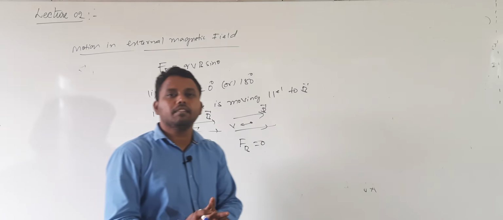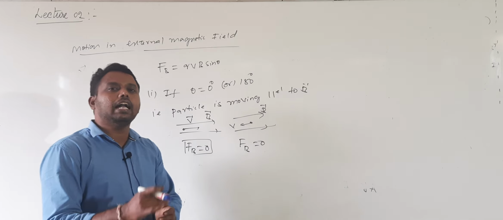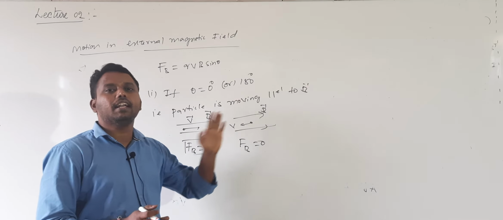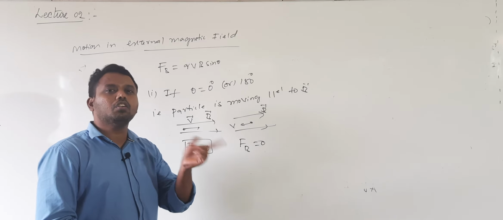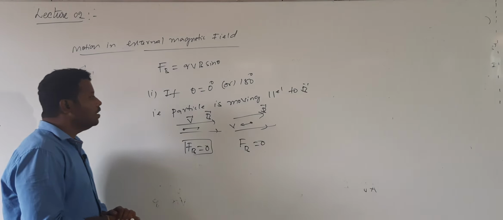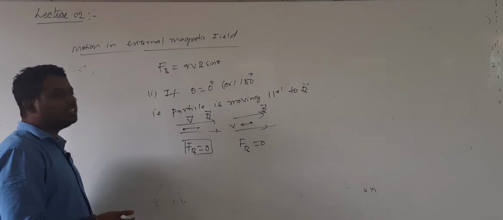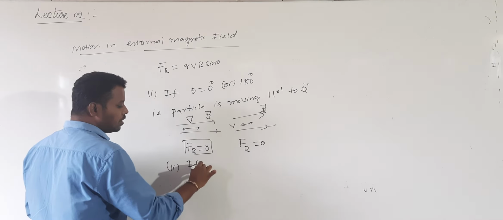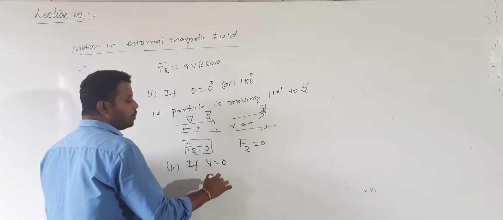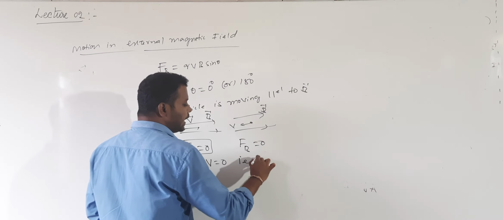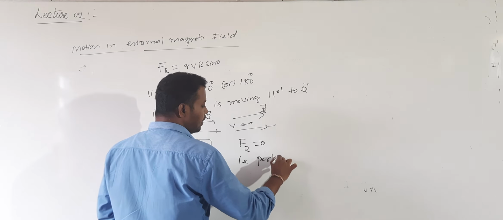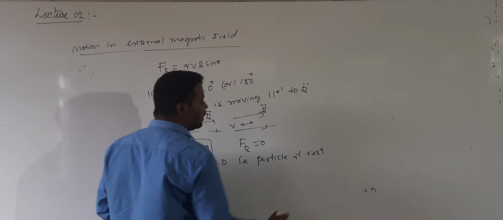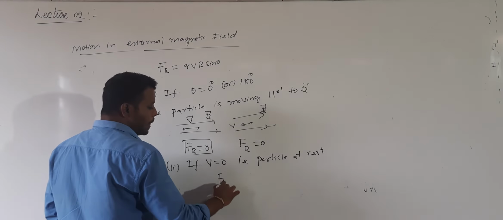Due to that reason, the path of the particle is undeviated, meaning the particle will follow the same straight line path. The path is not going to change. And obviously the second condition: if V is equal to 0, that means the particle is at rest. A stationary particle will not experience any magnetic force.